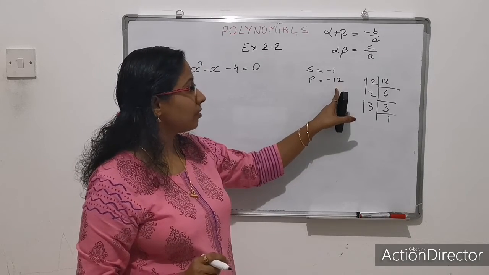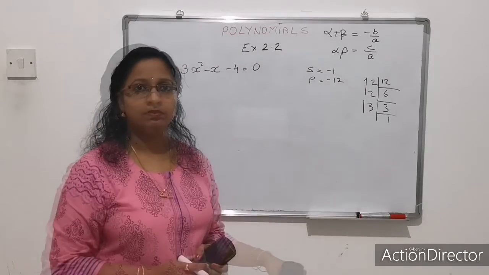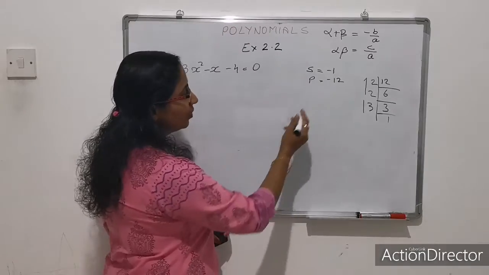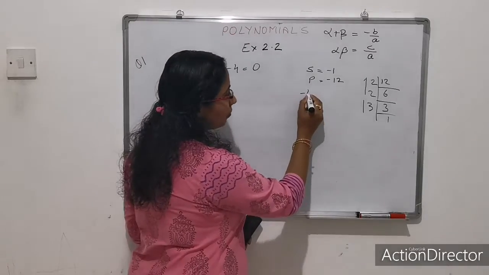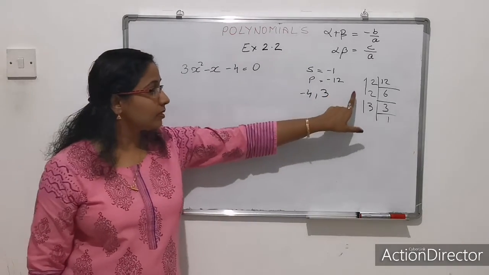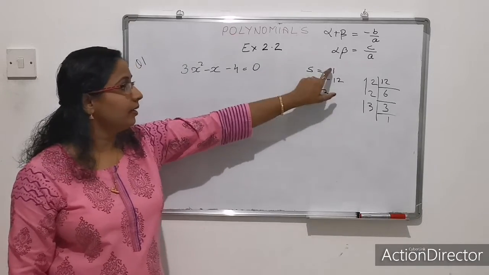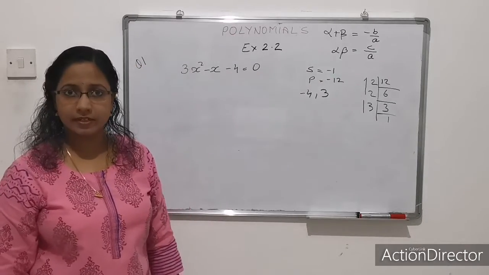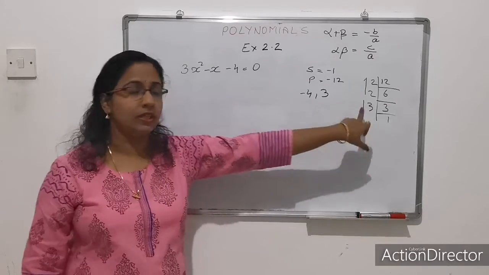Here the sum is negative, it means the bigger number is negative. Okay. So the numbers are minus 4, comma 3. The product we will get is minus 12 and the sum will be minus 1. Right. So this is the way you have to find the numbers from here.